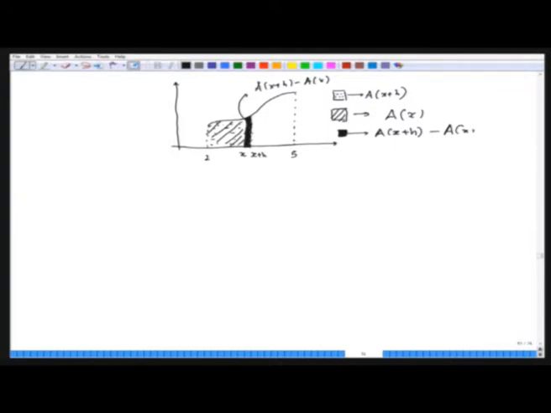So, this area, which is A of x plus h minus A of x, is nothing but h into f of x, because the difference is so small that I need not bother. So, A dash x is now limit h tends to 0 of h f of x by h, and that is limit h tends to 0 of f of x. Of course, there is no h dependence here, so it is f of x.